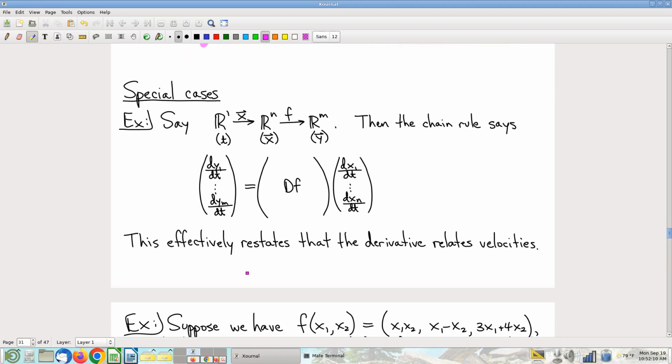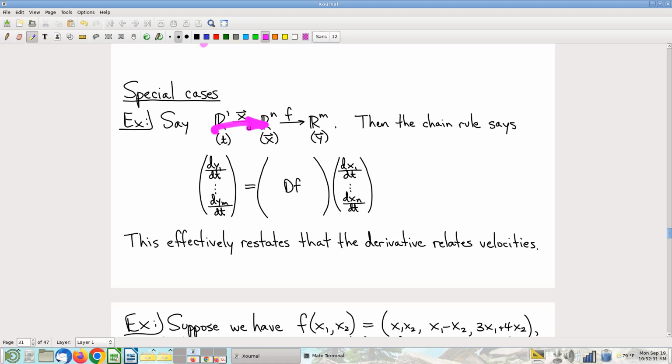Real quick, a couple of special cases. There's nothing really deep that's going to happen in the next couple of pages, so I'm going to try to do this reasonably quickly. If you have a single input variable, t, then some of the matrices are actually simpler than you would otherwise expect.